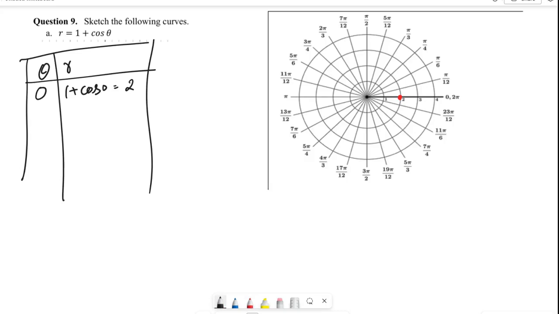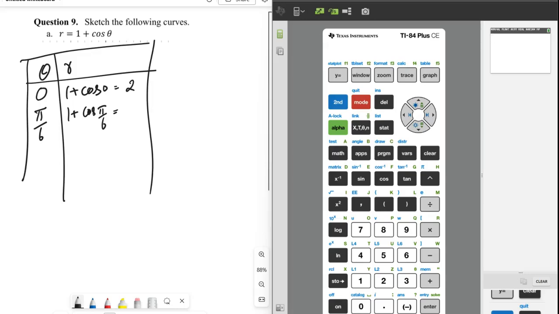Okay. When theta is pi by 6, this is 1 plus cosine pi by 6. You can write it as 1 plus root 3 by 2, or you can also just calculate from the calculator. Pi by 6, that's 1.866 something.